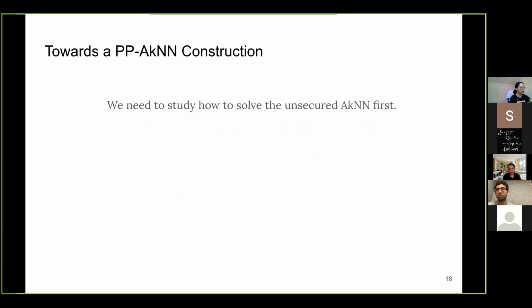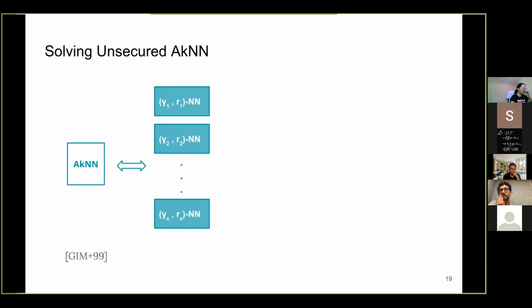So to construct a PBAKNN, we need to study how to solve the unsecured AKNN first. We found in the literature that we can solve the unsecured AKNN by reducing AKNN to a list of subproblems, denoted by gamma 1 R1 to gamma S RS NN here.